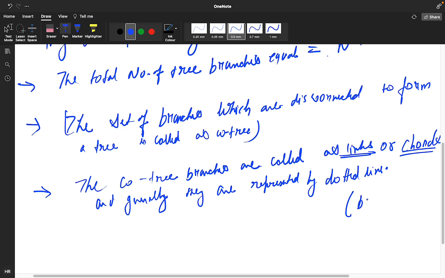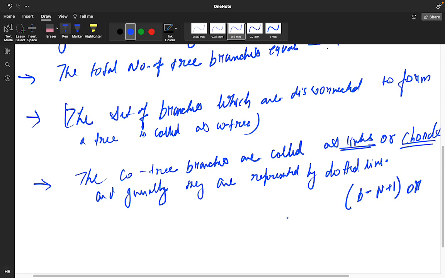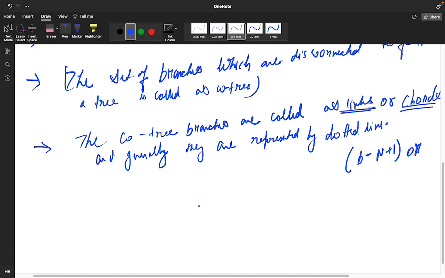That is b minus n plus 1. Here b is for branches. Or you can write, the total number of links is nothing but b minus n plus 1.